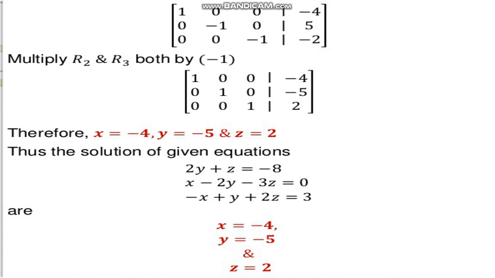Therefore, x = -4, y = -5, and z = 2. Thus the solution of the given equations is x = -4, y = -5, and z = 2.